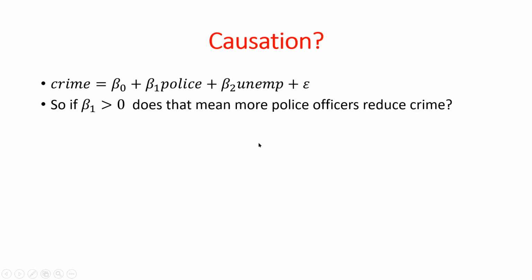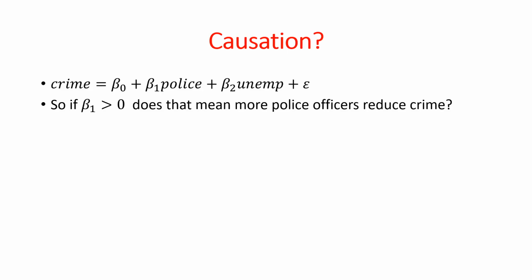So the next thing we'll start talking about, I use this example of the police force expenditures and unemployment. Right? So let's say I run this regression, I end up with an estimate for beta 1, or that slope coefficient on police force expenditures, that is positive. Well, then the interpretation would be that if I spend an additional dollar on my police force, it increases crime rates. So how could that be true?